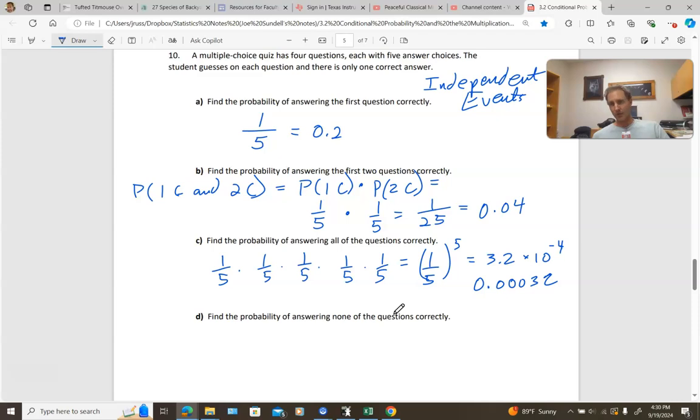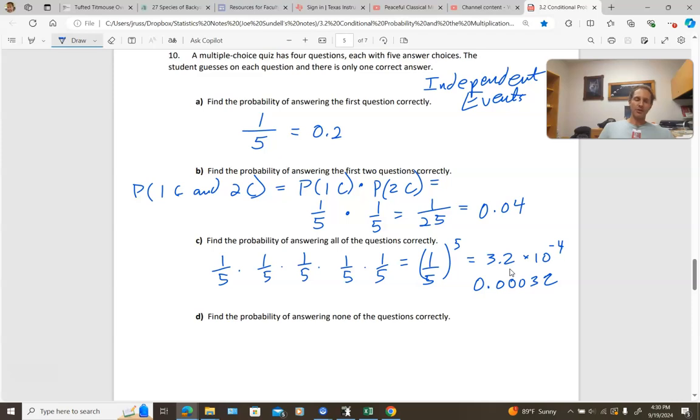But that's not right. Okay? The complement to getting them all correct is, it could be missing all of them, but it could also be getting 2 of them right and 3 of them wrong. Okay? So anyway, what we're going to do is figure out the probability of answering each question incorrectly.